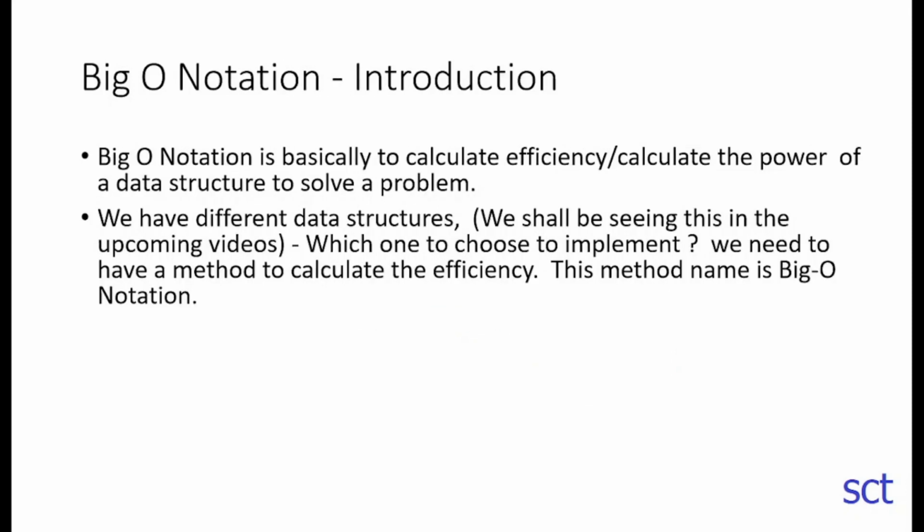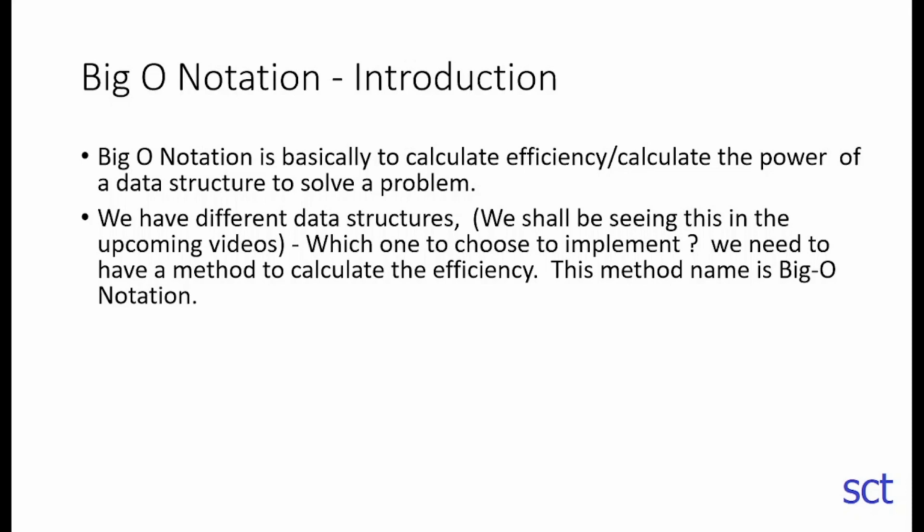Now, having understood what data structure and algorithm are, let us go for big O notation. What is big O notation? Big O notation is basically to calculate the efficiency, or the power, of a data structure to solve a problem. If you have a problem and you have implemented a data structure to solve it, is that particular data structure effective?